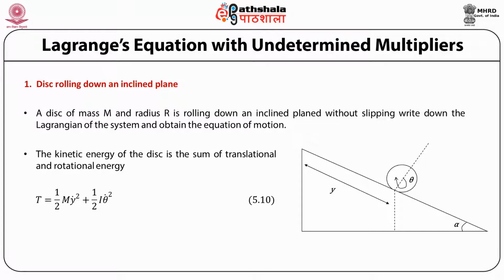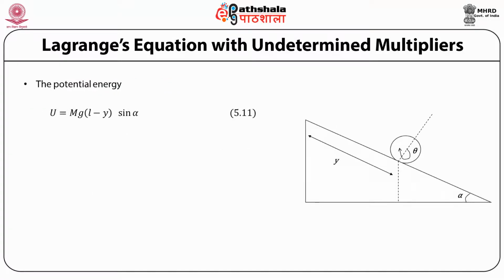So kinetic energy is given by half m y dot square plus half I theta dot square, where m is the mass of the disk and I is the moment of inertia of the disk about the central axis about which it is rotating.